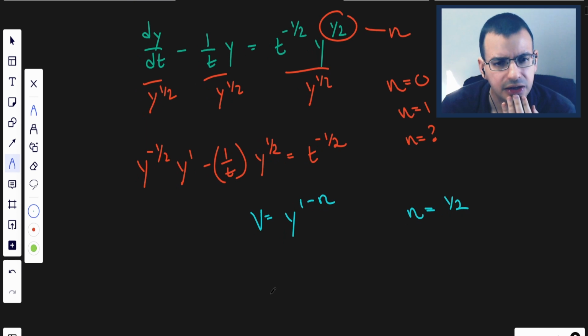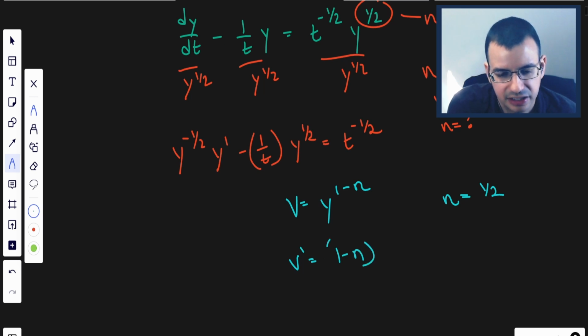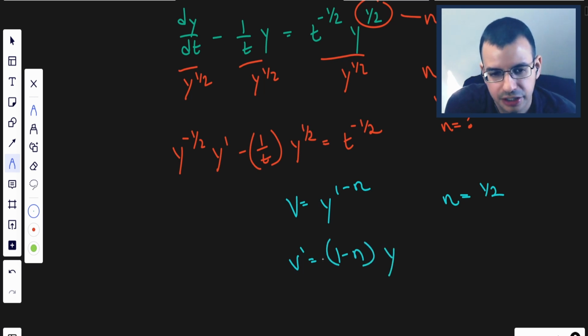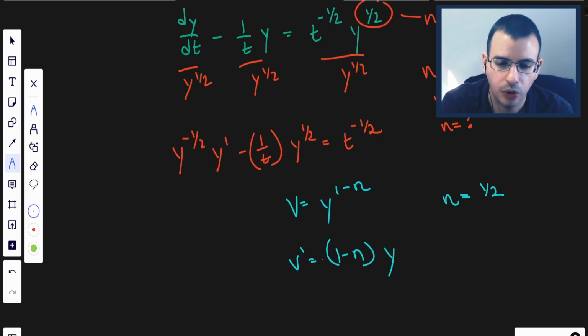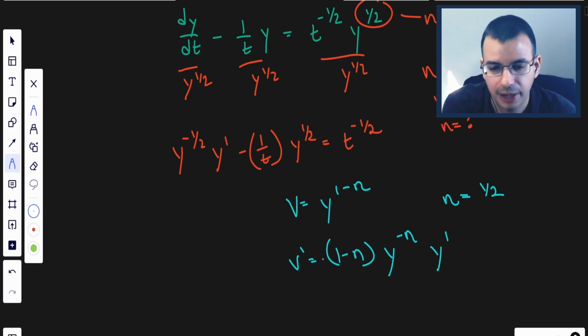True. Yes, I think so. Yep, I'm going to go with that. So then there's going to be v prime equals 1 minus n, y to the 1 minus n minus 1, so we subtract 1 from this, we're just going to get minus n times y prime.